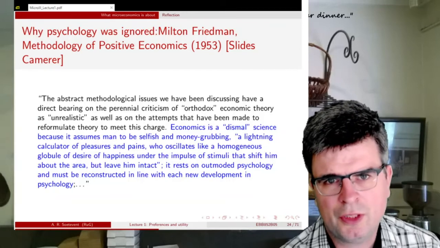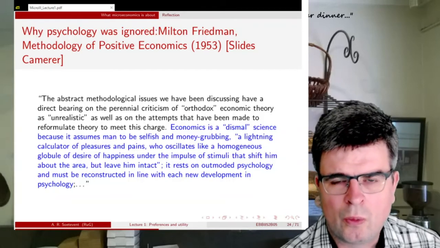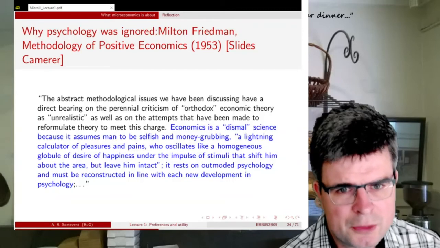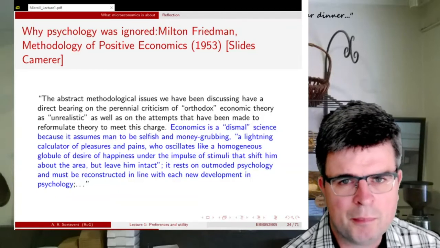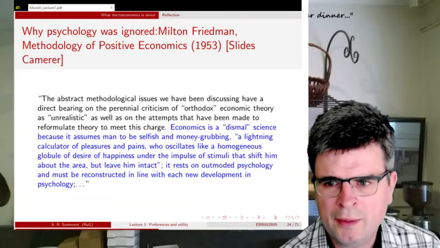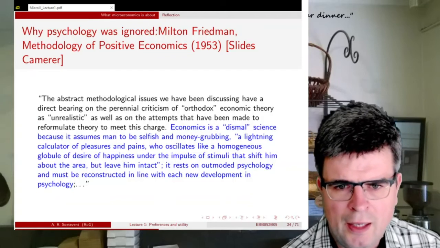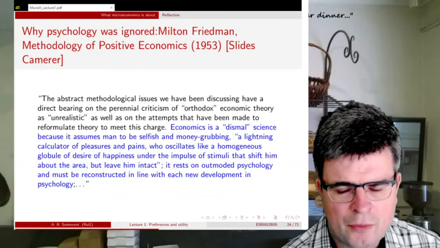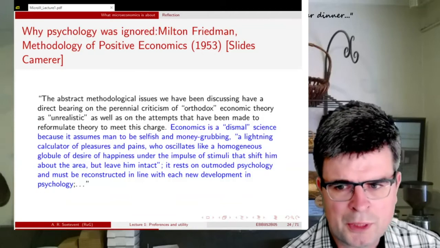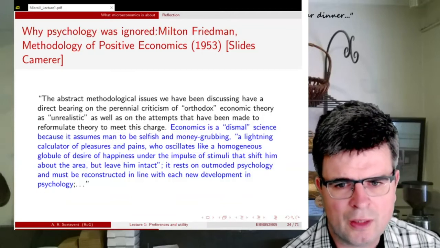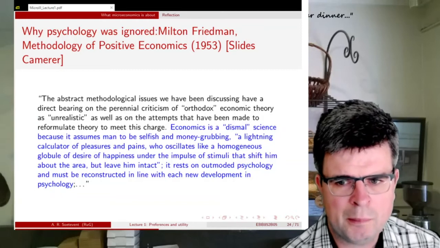And the traditional complaint is that economics is a dismal science because it assumes that man is selfish and money-grubbing, a lightning calculator of pleasures and pains, and it rests also on an outmoded psychology and must be reconstructed in line with each new development in psychology.